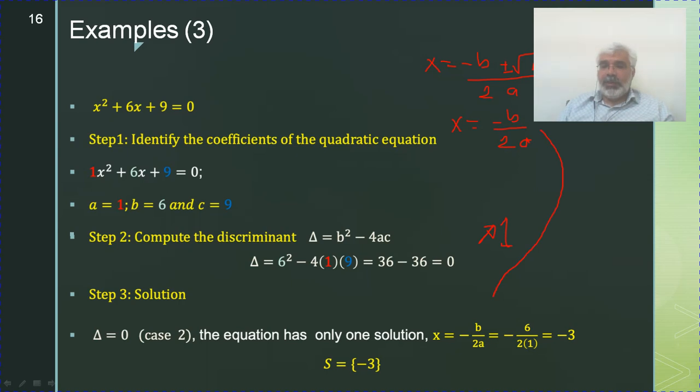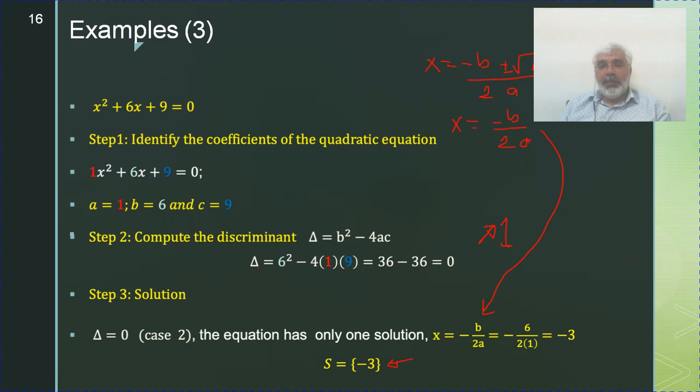So this is minus b, which is 6, divided by 2 times a, minus 6 over 2, this is minus 3. As you see, we have just one solution. We expected this before because delta equals 0.